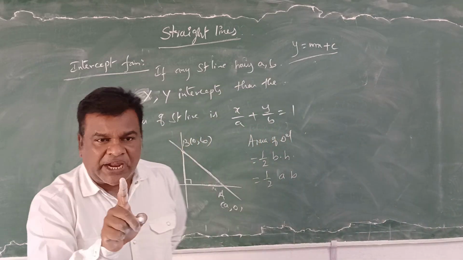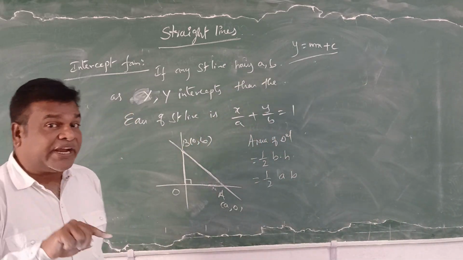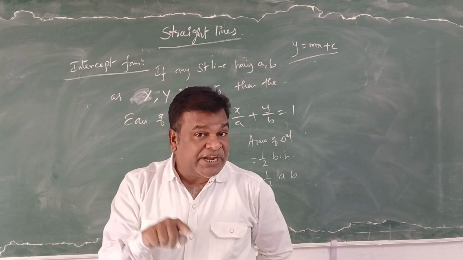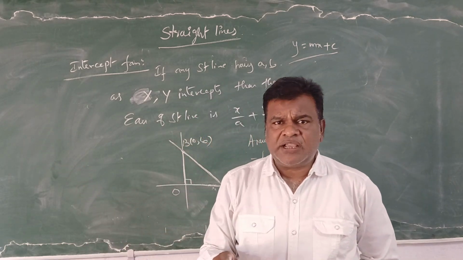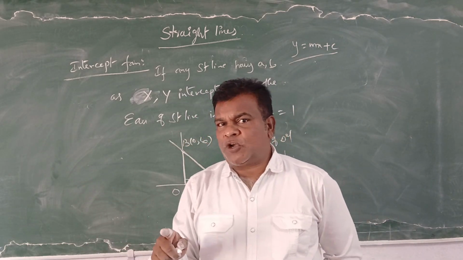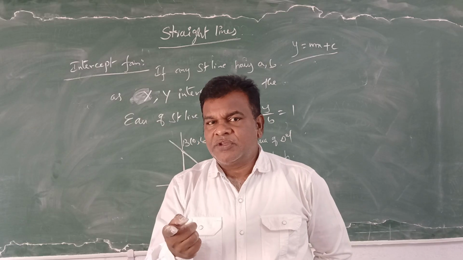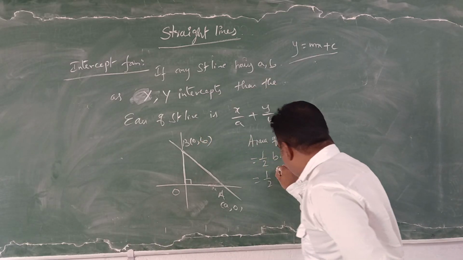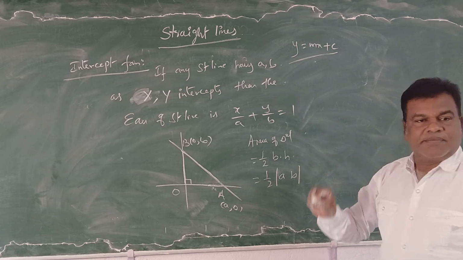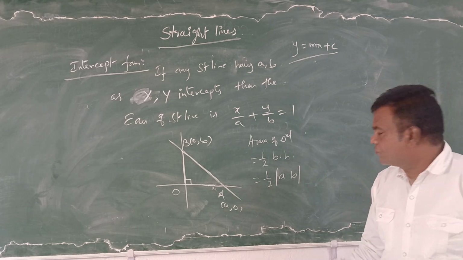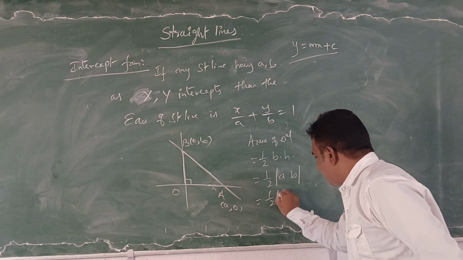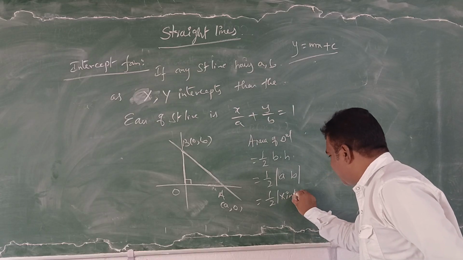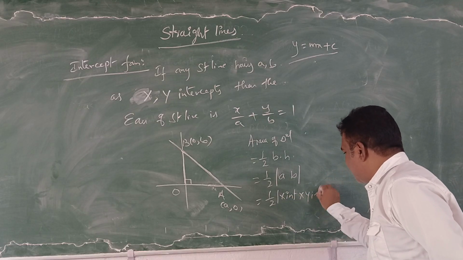Sir, you told that intercepts may be positive or negative. Sometimes it may be negative, in the second quadrant. If A is negative and B is positive, we will get a negative answer. But area is always taken as positive. That is the reason we take the modulus: absolute value of half x intercept into y intercept.